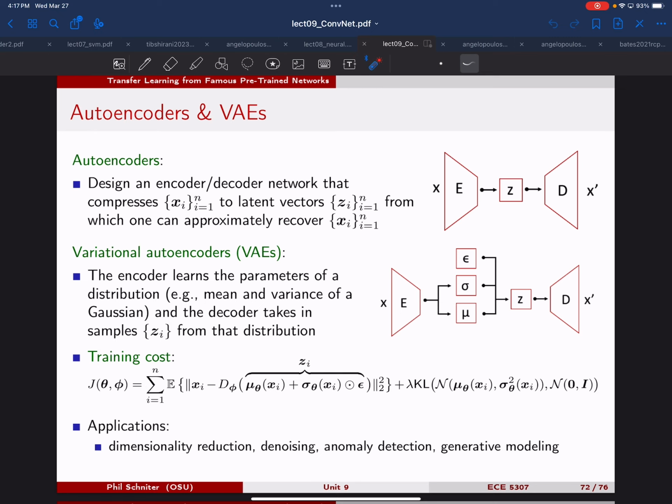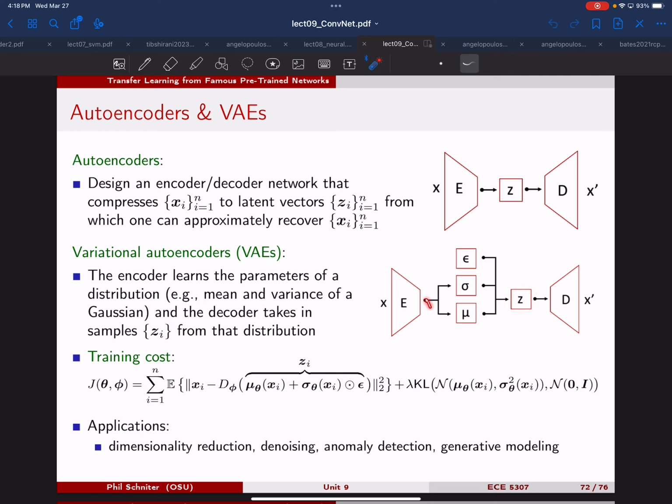So an improvement on these autoencoders are the so-called variational autoencoders. Rather than the encoder outputting this vector of numbers, which you can think of almost like random numbers, it instead generates statistics, a mean and a variance, from which you can take a random Gaussian vector epsilon, scale it by the standard deviation, and then shift it by the mean, and that is how you can construct a z.